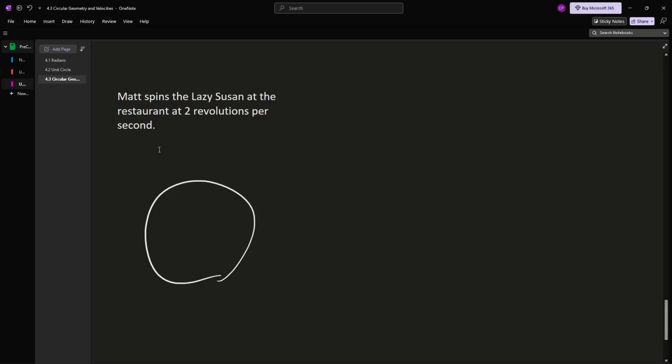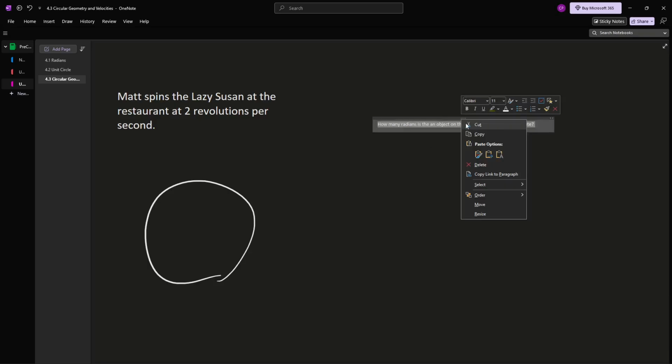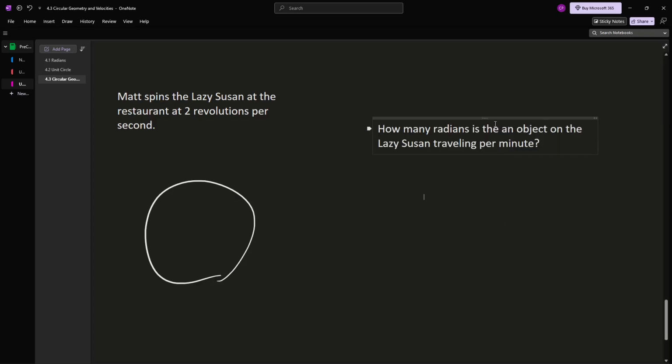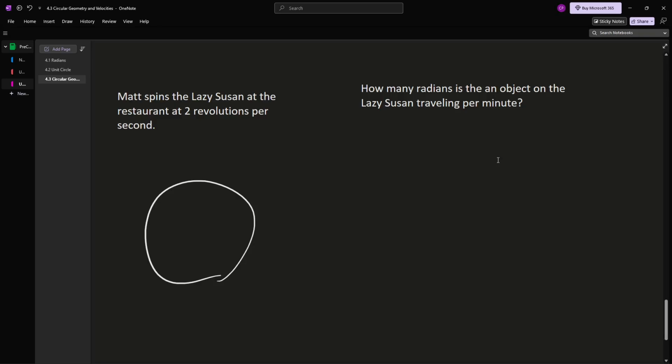A couple of things that I want us to find. The goal of this is to find our velocities, but let's build some guiding questions first. First off, we want to find how many radians an object on the Lazy Susan is traveling per minute, because we want to see how fast it's moving.